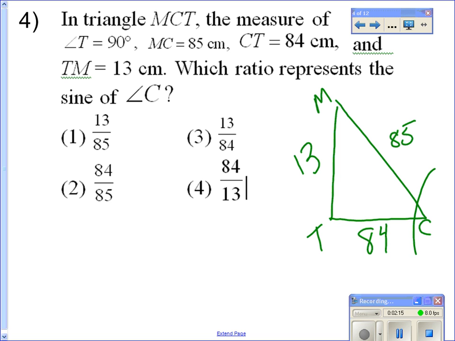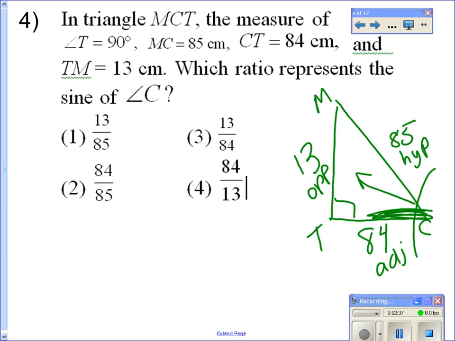So remember, we hit our angle that we're referencing, and now I can label my triangle. So opposite is always across from the angle. Hypotenuse is the line that's across from our 90-degree angle. And then this leaves us with the adjacent. Remember, the adjacent side always shares a side with the angle.